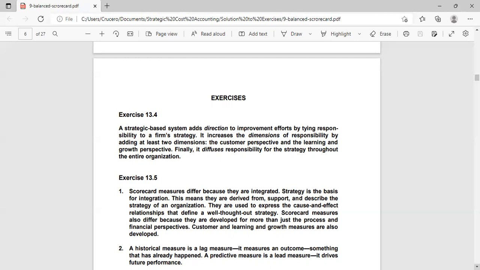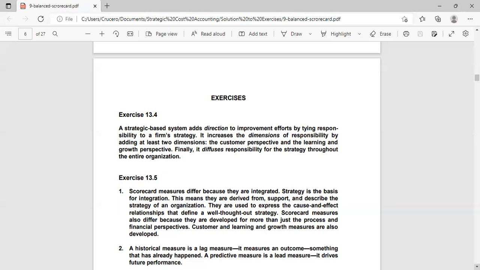Now, in problem number 5 here, we are now given the scorecard. Measures differ because they are integrated. Strategy is the basis for integration. This means they are derived from and describe the strategy of an organization.